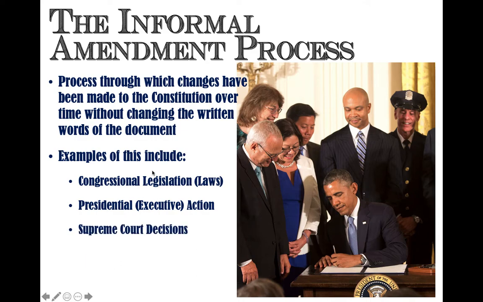These are our three different branches: the legislative branch, the executive branch, and the judicial branch, who can also amend the Constitution. Also, political party practices have been altered, and different customs can be altered as well.